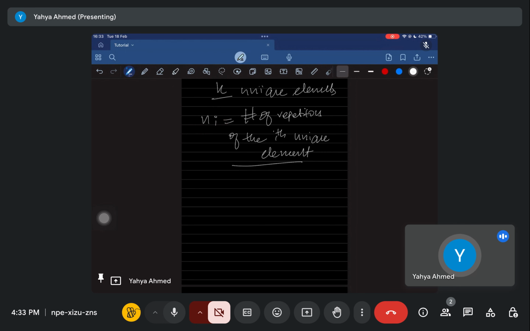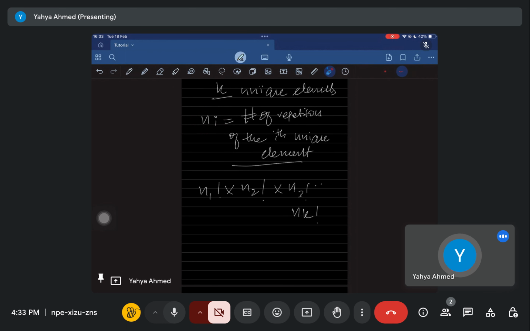The number of repetitions for any given permutation would be n1 factorial multiplied by n2 factorial multiplied by n3 factorial, okay, and so on and so forth, all the way up till nk factorial.